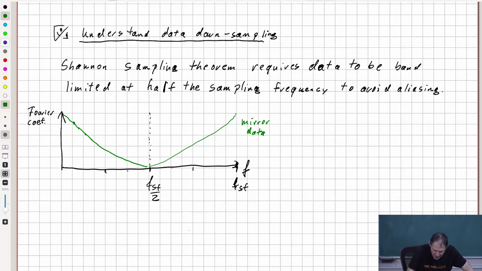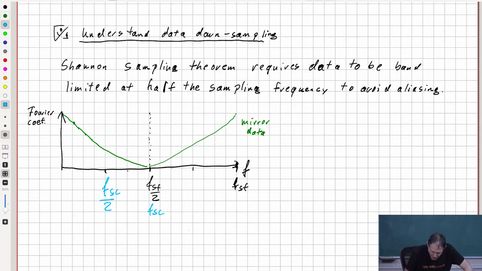Now let's say you want to combine this with a coarser grid. So you do a sampling on a coarser grid. So here is actually FS coarse grid, so half the frequency. So you have this half frequency here. Now assuming you're using the same signal.